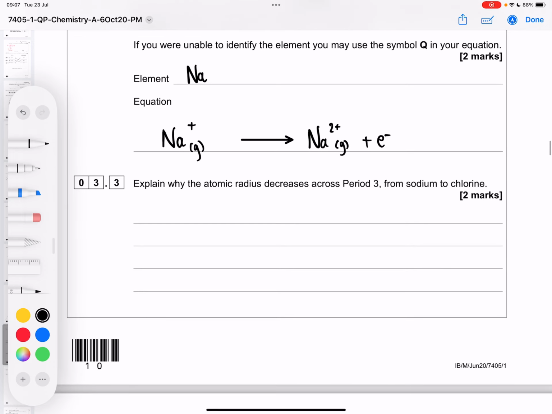Explain why the atomic radius decreases across period 3. So, from Na to Cl, there are the same number of shells. With similar shielding.